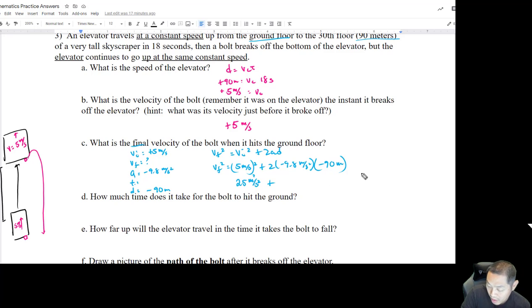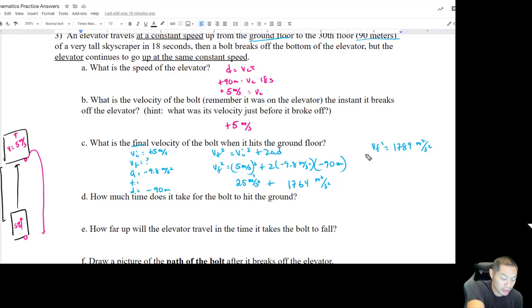Okay. That's 25 meters squared per second squared, since both are squared. This one I cannot do in my head. So 2 times 9.8 times 90 gives us 1764 meters squared over second squared. The unit here is positive, so we're just going to leave it like that. You add these two together. They have the same unit, so you can. So you get velocity final squared equals 1789 meters squared over second squared.